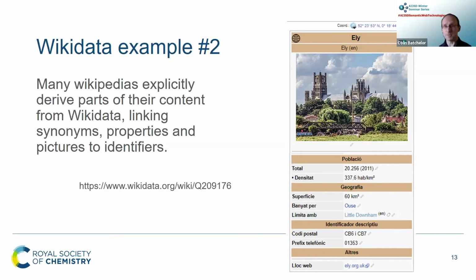However, there is also an info box which has a picture of the cathedral and the railway bridge, fortunately not one that gets all the collision traffic. And that picture is drawn from Wikidata, and there are various facts also drawn from Wikidata. There's a population. It says that it is bathed or watered by the Great Ooze.